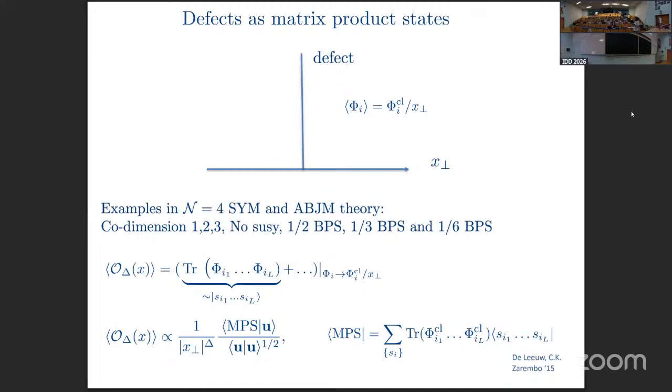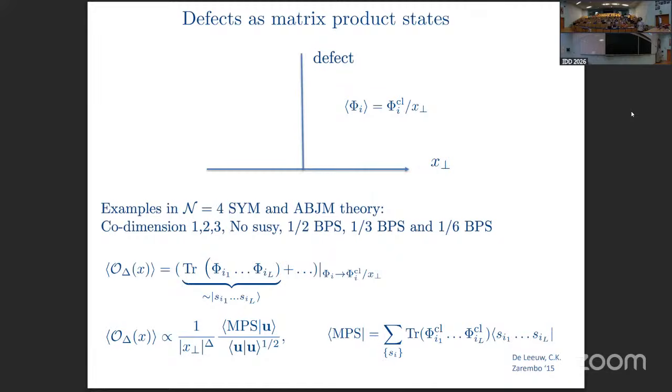And then that subspace will constitute a defect in my field theory. And if I want the resulting setup to be a defect CFT, then I need that these classical fields scale as 1 over x perp, where x perp is some transverse coordinate to the defect. Because only in that way can I conserve conformal invariance or scaling invariance.